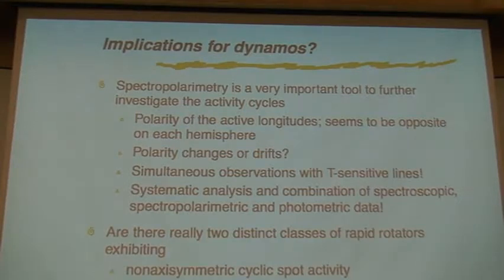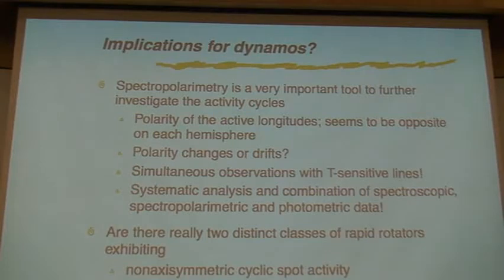Okay, and then there's this discrepancy between these models. If we believe all of the models or all of the inversions in different astrophysical areas, we will be turning schizophrenic very easily. Because first of all, we see these non-axisymmetric features which seem to show some kind of cyclic activity.